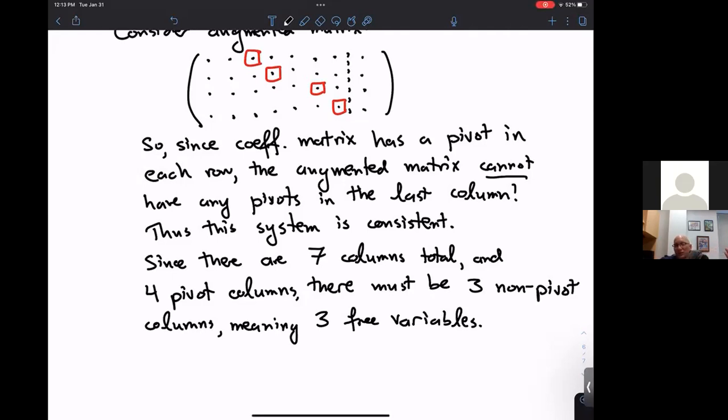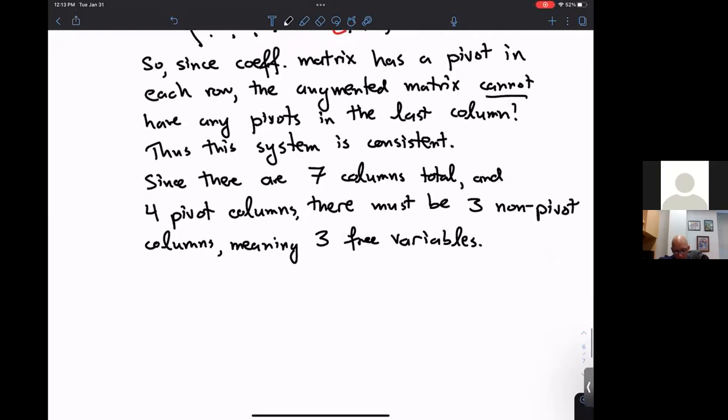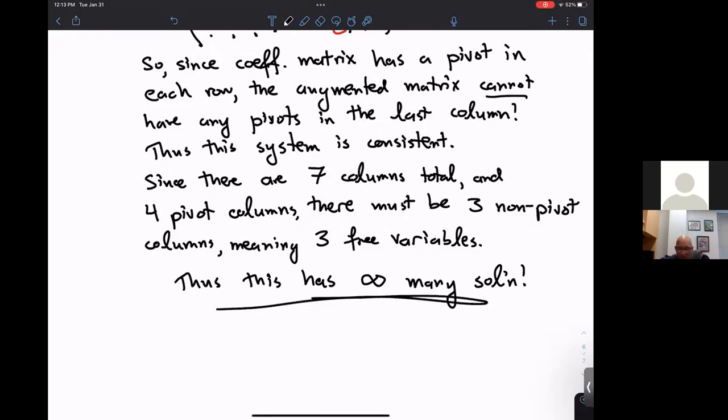Well, if I have a consistent system that has free variables, then those free variables will provide us infinitely many solutions. So thus, this has infinitely many solutions. And that's kind of cool.